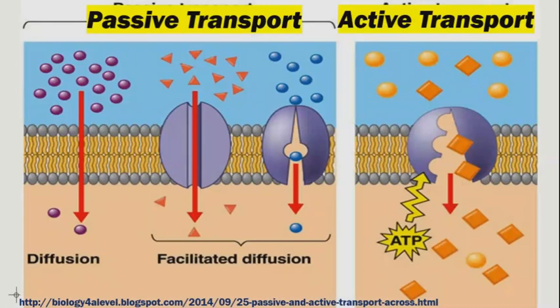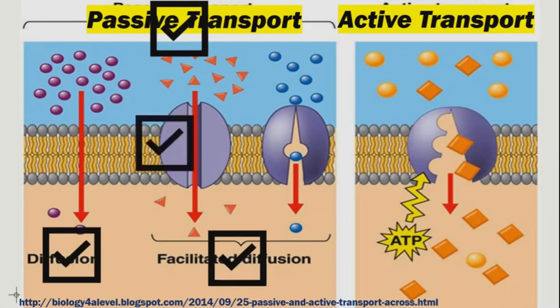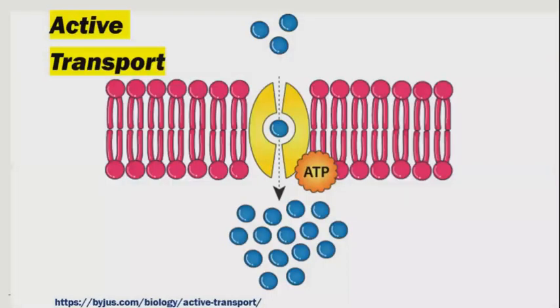So far, we have discussed passive transport, diffusion, including simple and facilitated diffusion through channel and carrier proteins, also known as channel-mediated and carrier-mediated transport. So now let's look at active transport. So active transport is the movement of molecules across a lower concentration to a higher concentration.